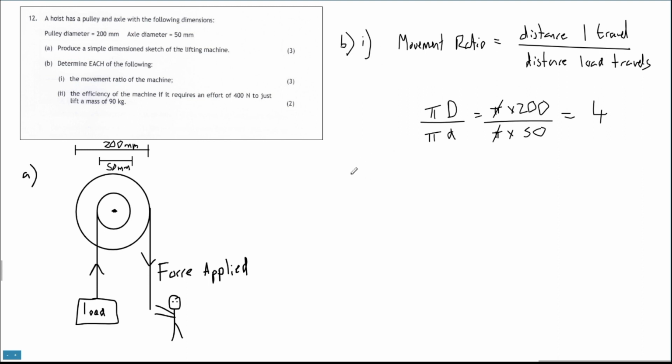So now we're going to look at part 2, which is the efficiency of the machine. It says the efficiency of the machine is required, if it requires this much effort to lift a mass of this much. So efficiency is always going to be the big number over the small number.